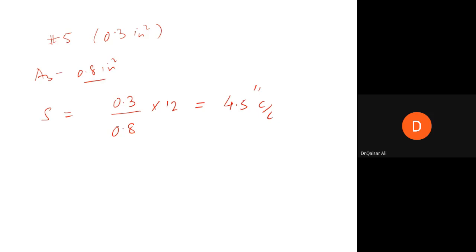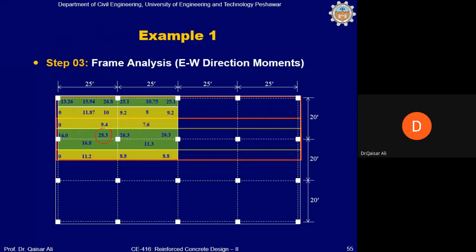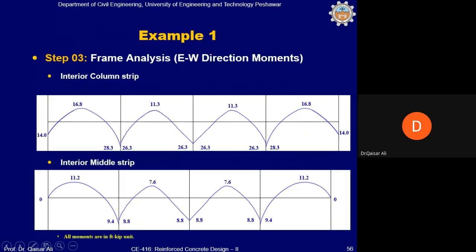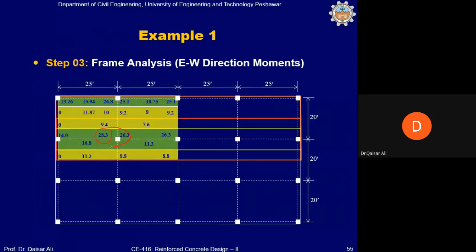So what we do is that we will look at our analysis results, and we will try to group them in such a manner that fewer spacings are required inside the slab. For example, in this interior column strip negative bending moment is 28.3, but then exterior column strip bending moment is 26.8.